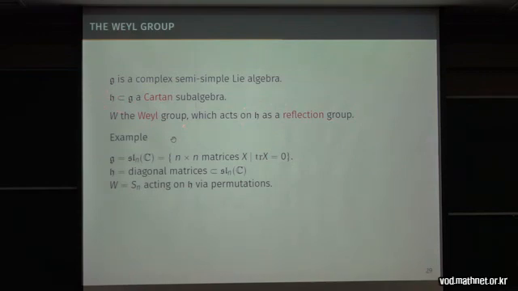So in our example of SL2, h is spanned by this element H. So this is the typical example. We take n by n matrices of trace 0, we consider the diagonal matrices inside it, and then the Weyl group acts on diagonal matrices by permuting them around.